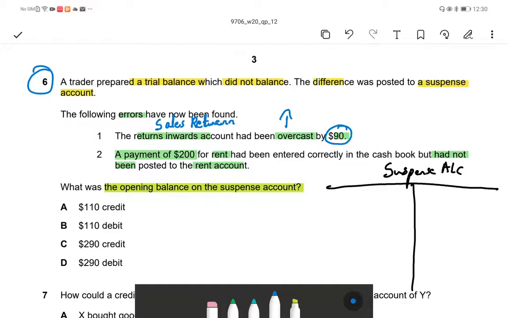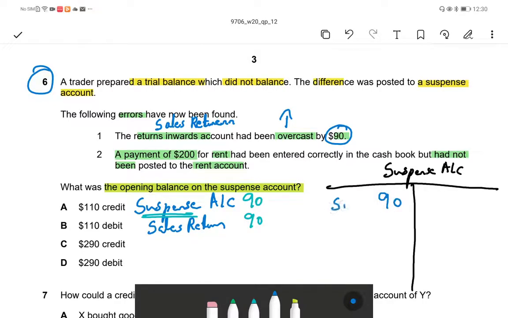So on the credit side you write sales return. So what will be debit? Debit will be suspense account. Suspense account is debit and sales return is credit. The amount is 90, here 90, here 90. So the suspense account is debited with 90, sales return 90.